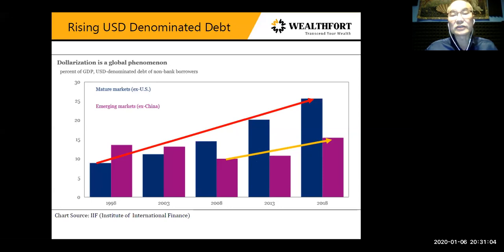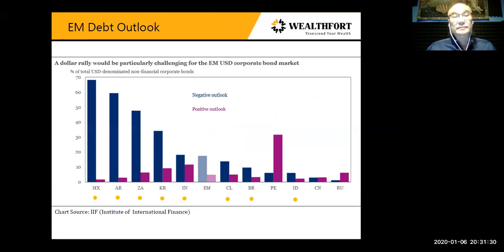So whether it's mature markets or emerging markets, when they increase the value of dollar-denominated debt, then the increase in the dollar value means that both parties will have to pay more, whether it's interest or to pay back the principal.